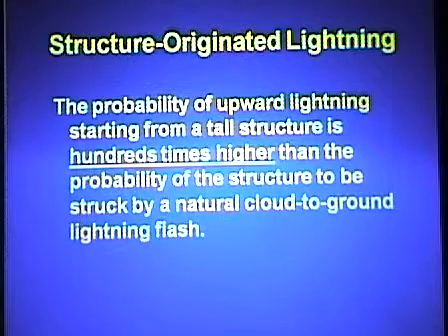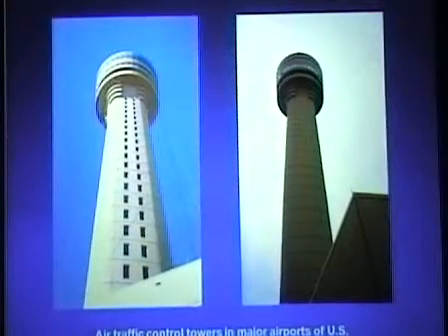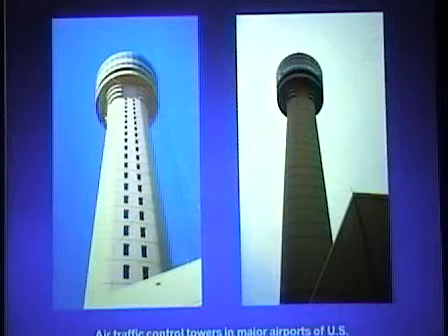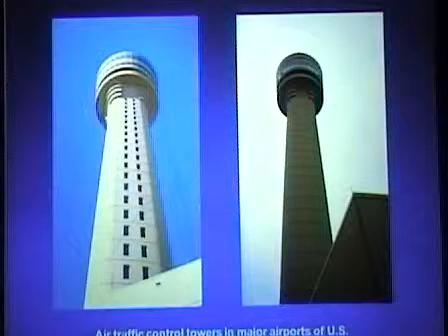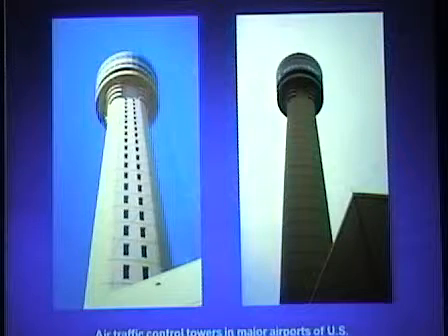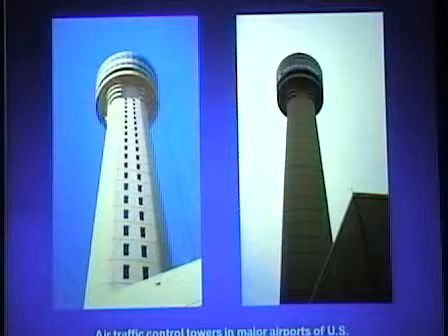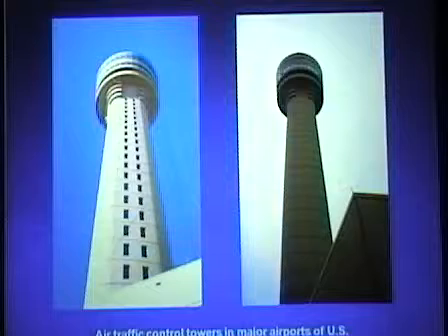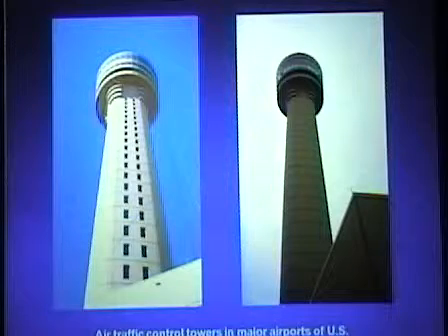So this is the effect of a tall structure. This is very important because if you are so susceptible to upward lightning, you need to do something about protecting this structure. And the Federal Aviation Administration in the United States became concerned and interested in this upward lightning from tall structures because we started building air traffic control towers in major airports in the United States, in areas affected by thunderstorms, like Orlando, Atlanta, Denver, Dallas, and these towers are 130, 140 meters tall.